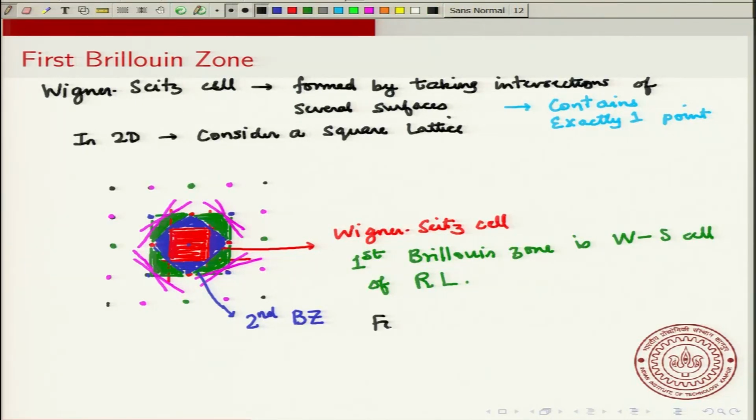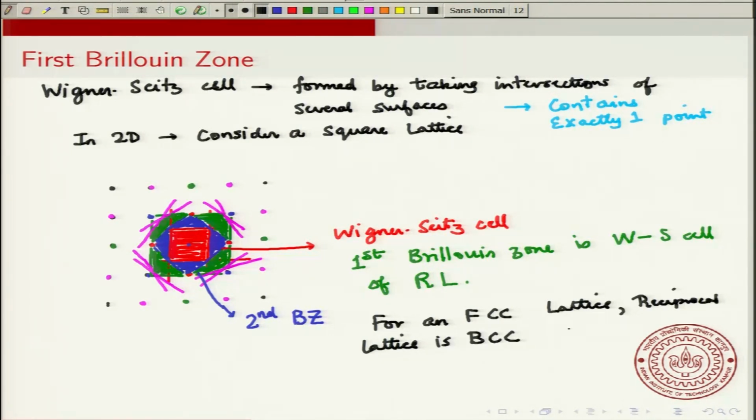for an FCC lattice, the reciprocal lattice is BCC. Okay.